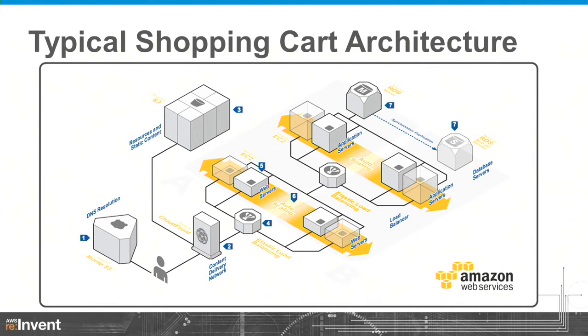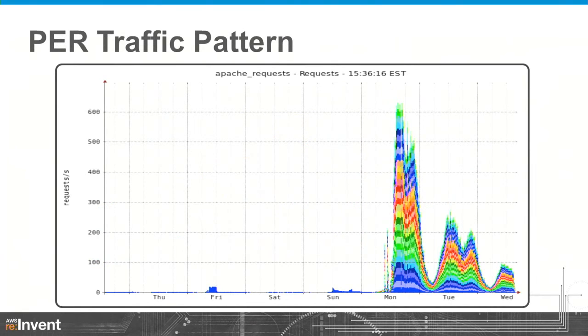The difference between private event retailing and normal retailing, at an infrastructure level, you don't really see all that much, because your typical e-commerce architecture is exactly the same in private event retailing as in regular e-commerce. You have your web servers, your application servers, your database servers. So the application tiers are pretty much all the same. What changes is the traffic pattern.